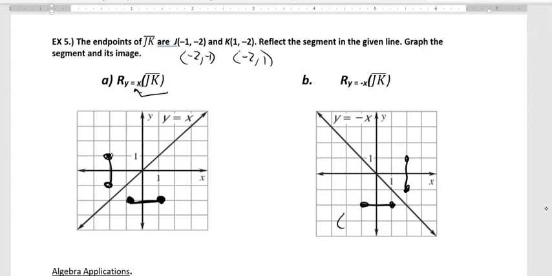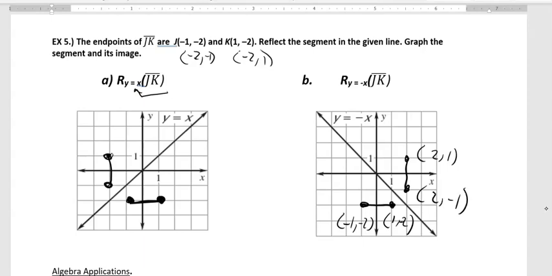This would be the location, let's see, -1, -2, and this location is 2, 1. And this one is, what was that? 1, -2, and that becomes 2, -1.